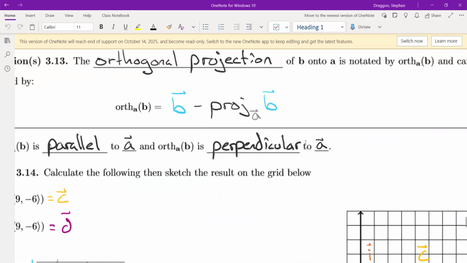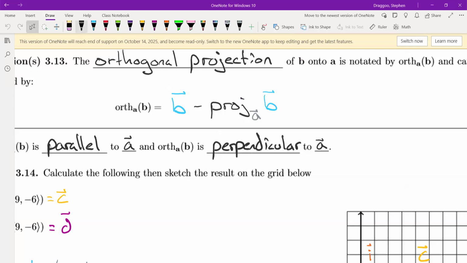One final definition: that orthogonal projection is also equal to our vector b, the vector that we care about, times the sine of theta, theta being the angle in between vectors a and b.